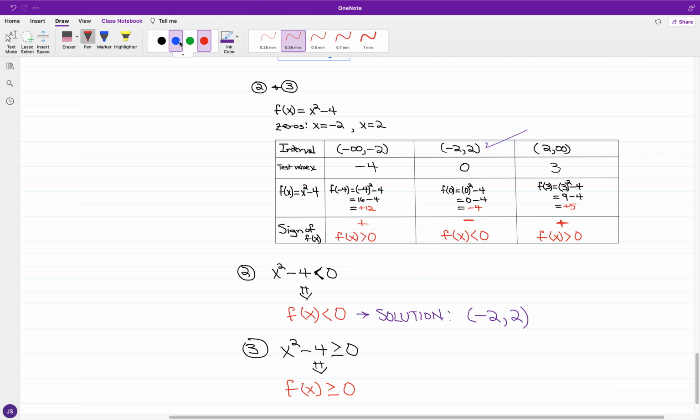This is going to be in the same direction as f of x greater than 0.